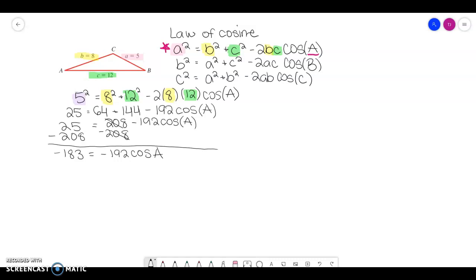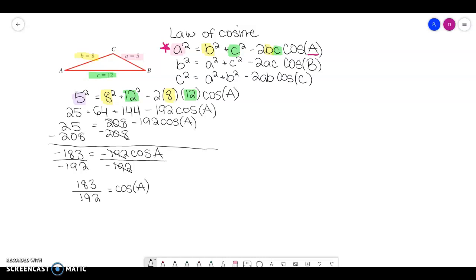At this point, I can divide out that negative 192 to get cosine A by itself. Negative divided by negative makes it a positive, so I have 183 over 192 equals cosine of A. We're almost done at this point.